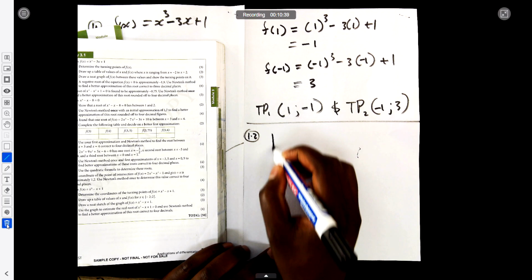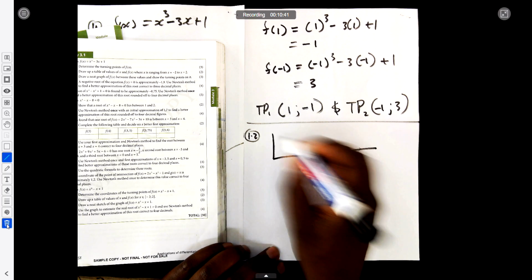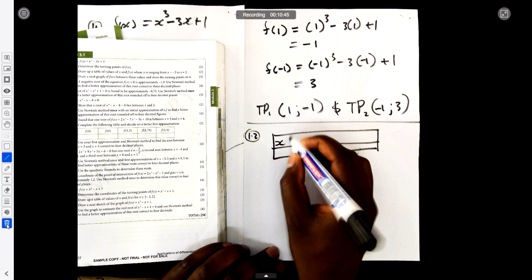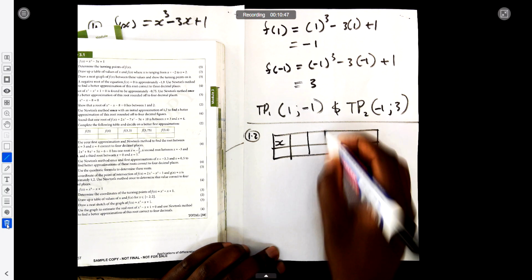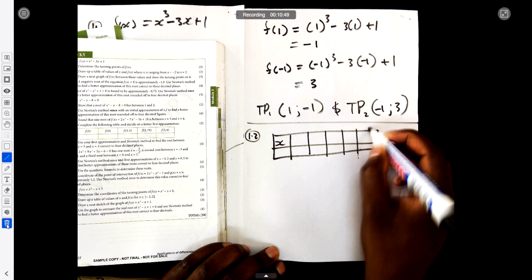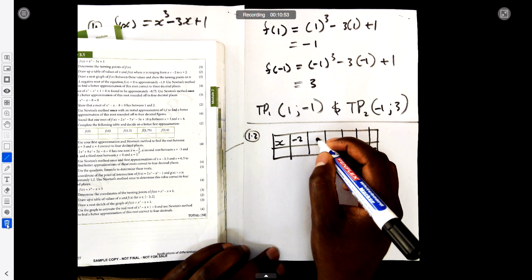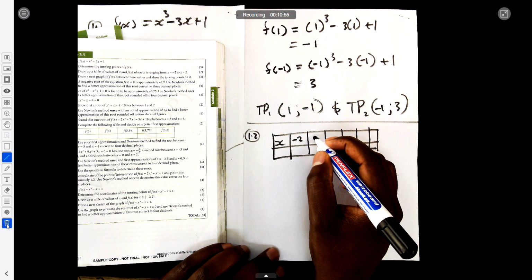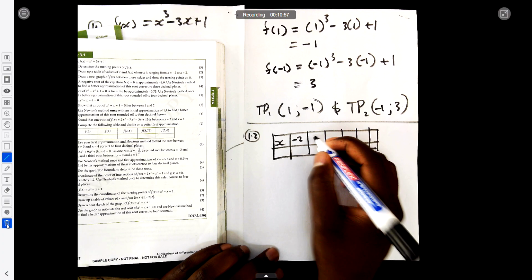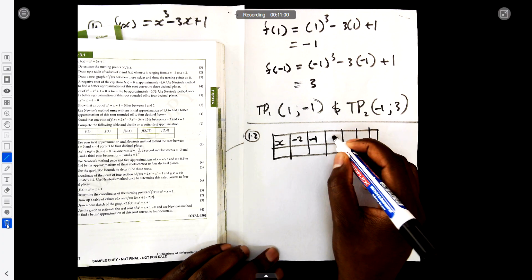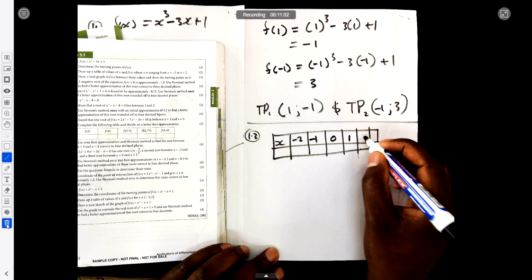So we are going to draw a table with x and y. We must range the values from minus 2. You can step by 1 unit or maybe by 0.5. Let's step by 1 unit. So negative 1, 0, 1, and 2.